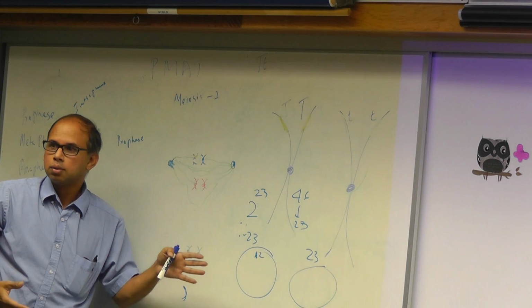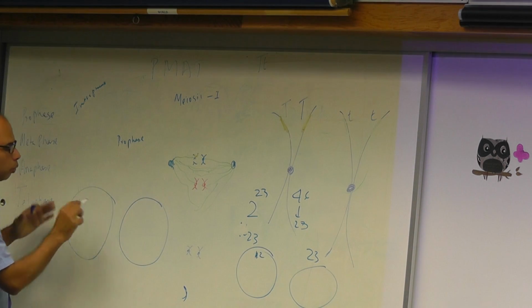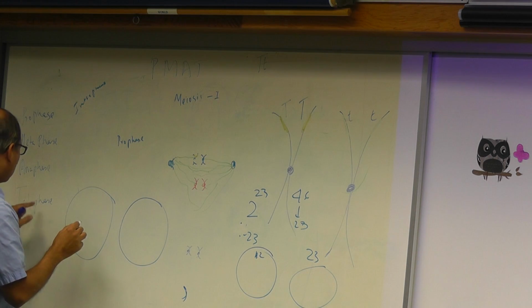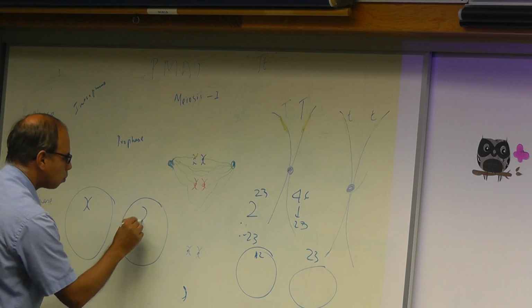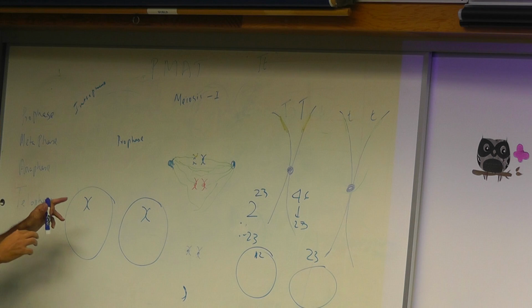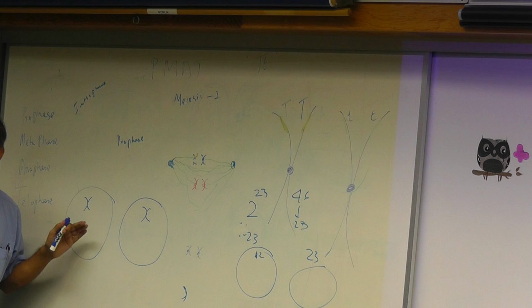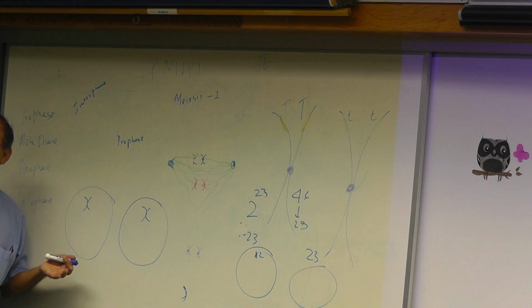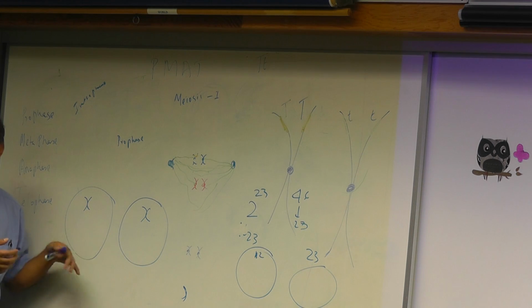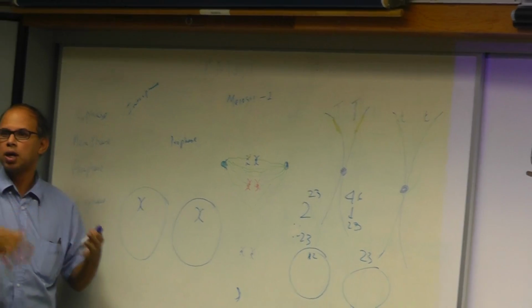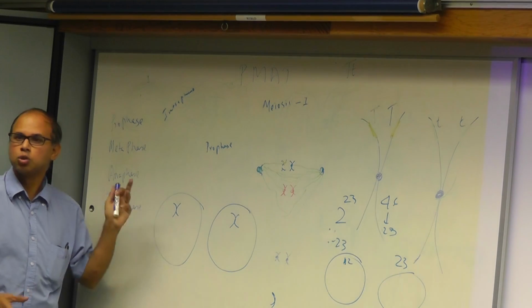So now you have 2 cells or 2 nuclei at the end of telophase 1, which have chromosomes with 2 sister chromatids, but now half the number of chromosomes. And now guess what you need to do to get it back to something which doesn't have the sister chromatid. You follow what happens in mitosis, except that you are working on half the chromosomes. That is called prophase 2, metaphase 2, anaphase 2, telophase 2.